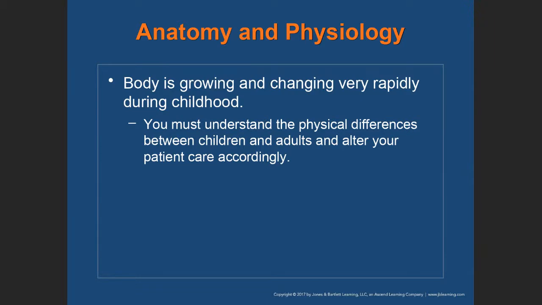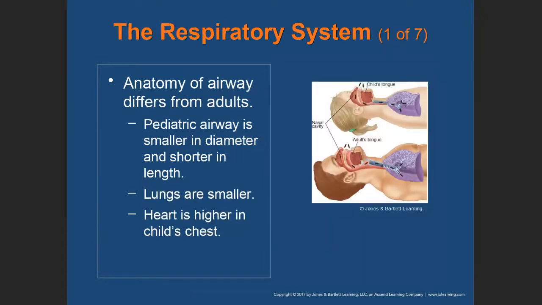Anatomy and physiology: the body is growing and changing very rapidly during childhood. You must understand the physical differences between children and adults and alter your patient care accordingly. So this part is very important. We need to understand the differences in anatomy.